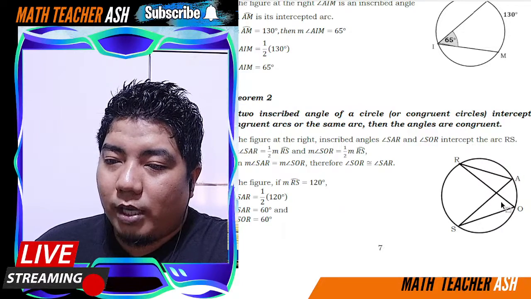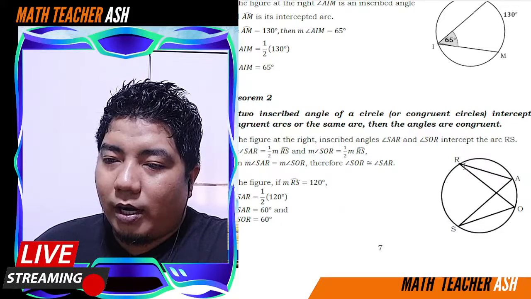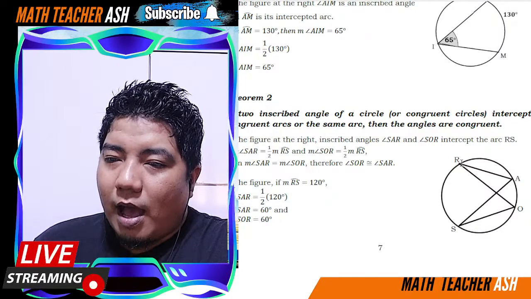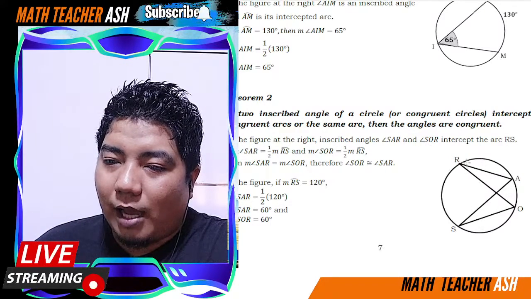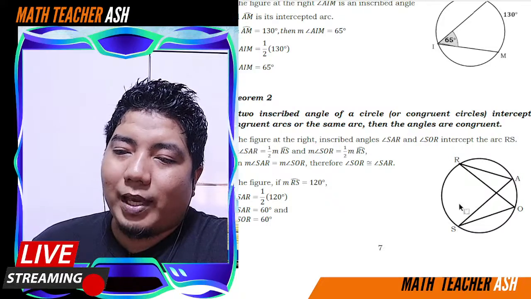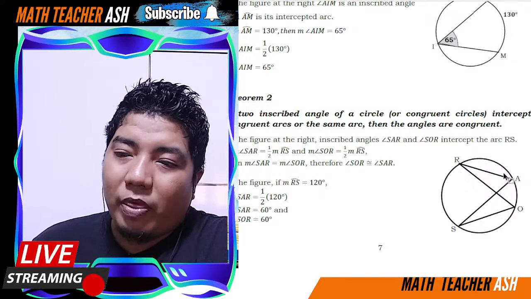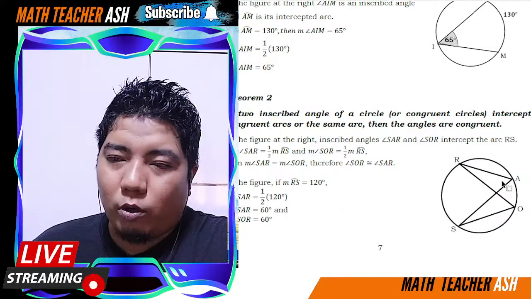So, ito yon. Ibig sabihin, ang arc na kinakain nito, RAS, ay itong si arc RS. Ang kinakain ng angle na ROS ay si RS din. So, we can say that since pareho sila ng kinakain na intercepted arc, then we can say that the inscribed angles are congruent. Ganon ang ibig sabihin nun.